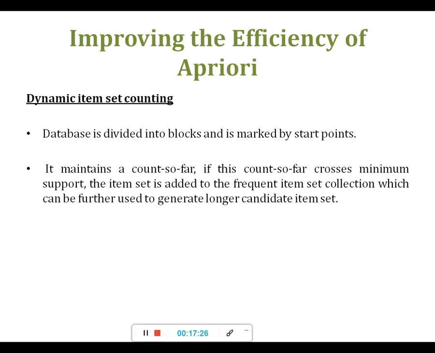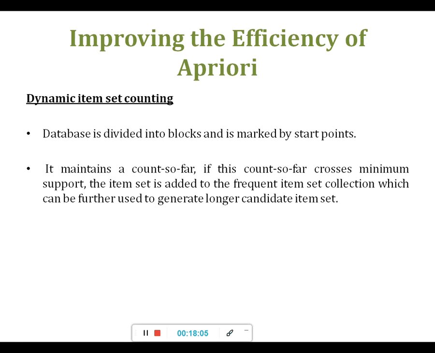So it is easy if we divide our data set into a number of blocks, and each maintains its own frequency count. We update it as we use the data, and if the count crosses our minimum support count, then we automatically add that block's data to the frequent item set collection, which we further use to generate the candidate sets.